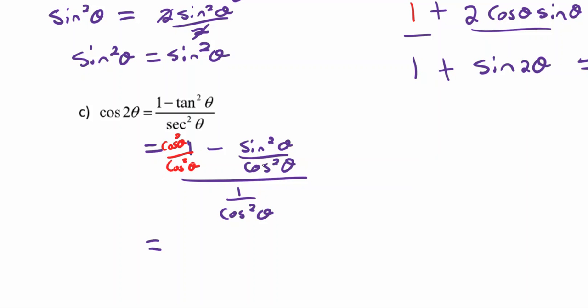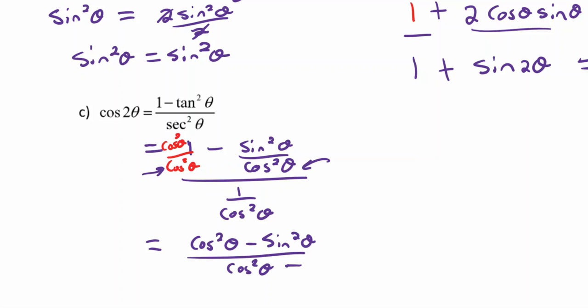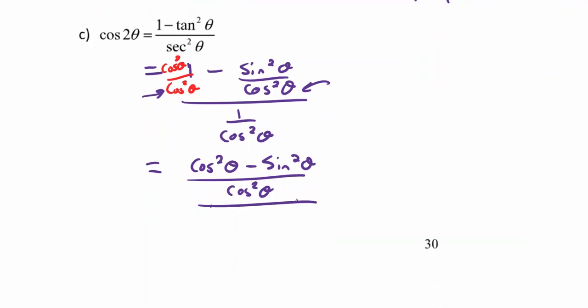Then I can write that all over a common denominator, this would now be cos squared theta minus sine squared theta over cos squared theta, right? Just writing it over a common denominator. That's what this is. And then that is all over 1 over cos squared theta.